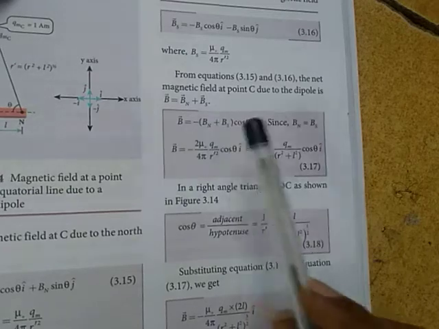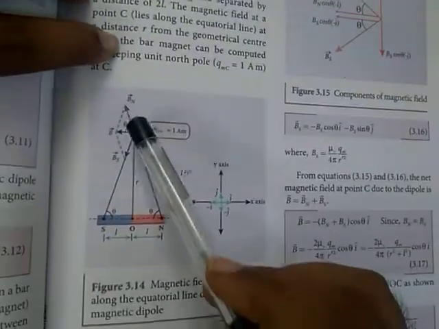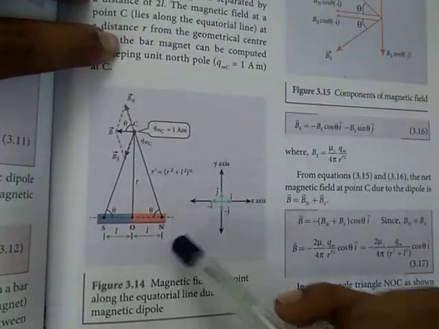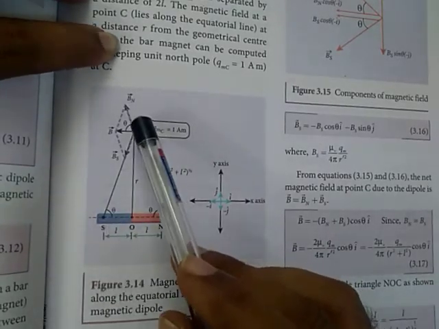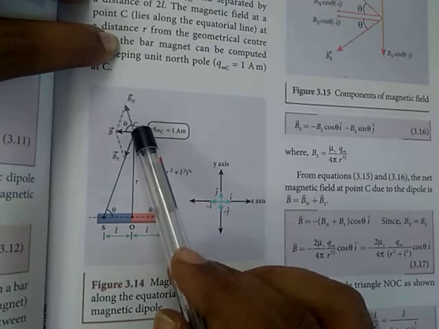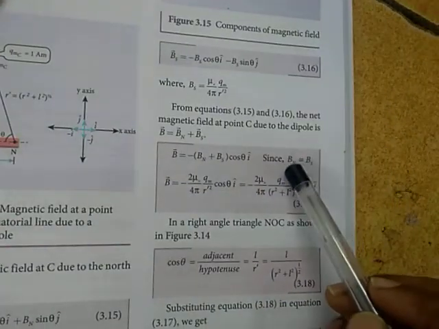Then we know this point C is at equidistance from the north pole and the south pole. So the magnetic field at the point C has the same magnitude. So we can write that Bn is equal to Bs.